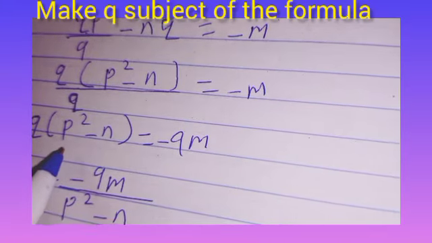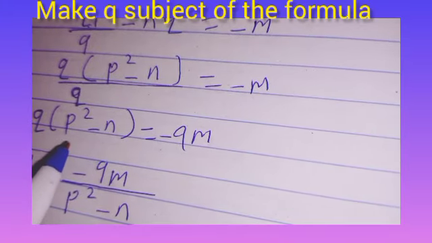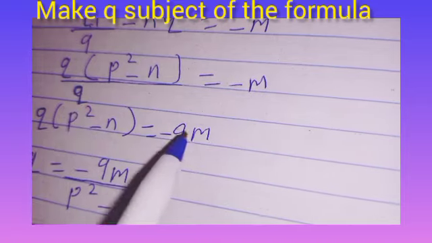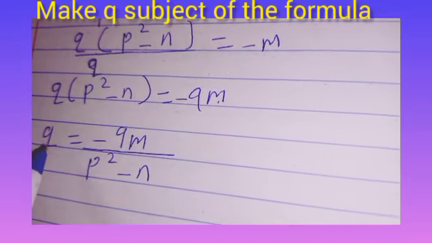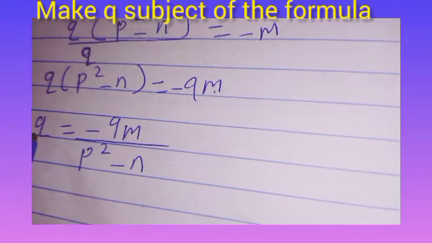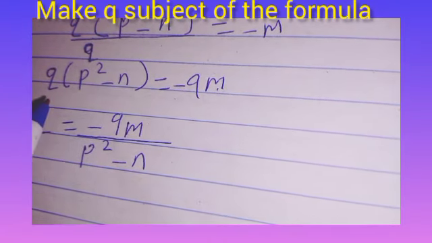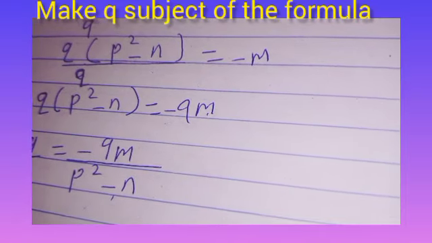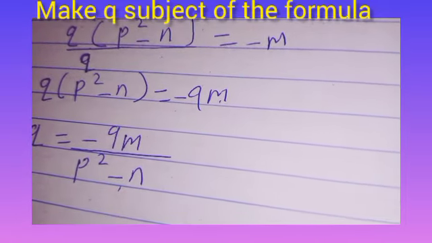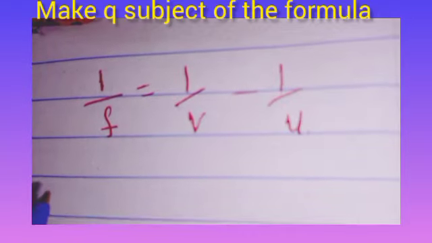After factoring, we multiply both sides by 9 to be left with this part here. Then we divide both sides by P squared minus N to get that, and we have made Q the subject of the formula.